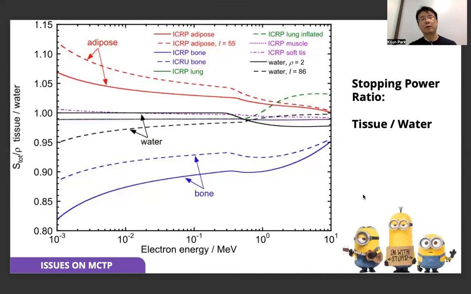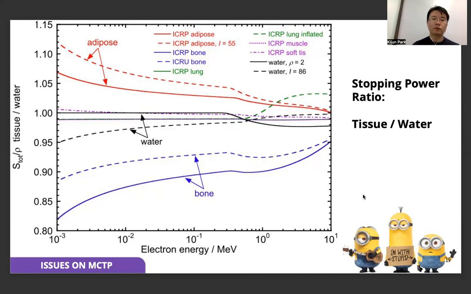Well, a couple of studies have gone through this. Here is the stopping power ratio, tissue over water, and real tissue or organs really depend upon density, and also depend upon the ion pair energies.